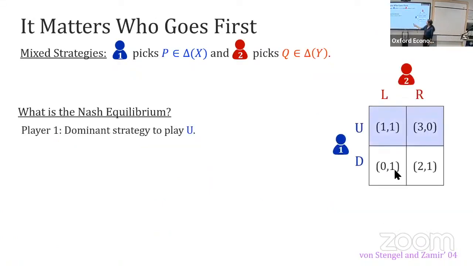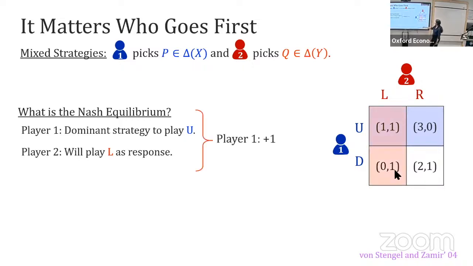Even for mixed strategies, you can think about a Nash equilibrium in this game. In fact, the dominant strategy is for the row player to play up. As a result, the column player would play left and the row player would get 1.